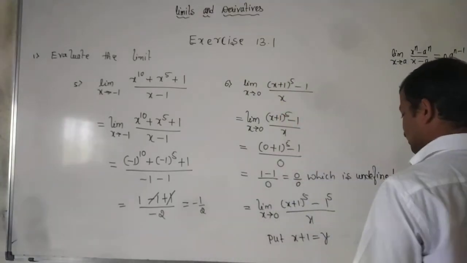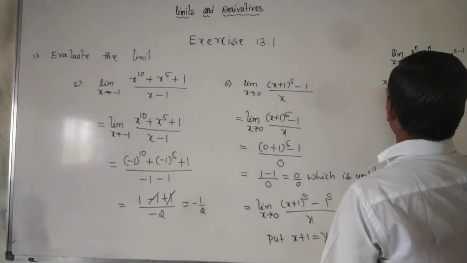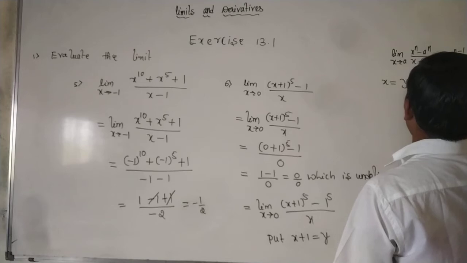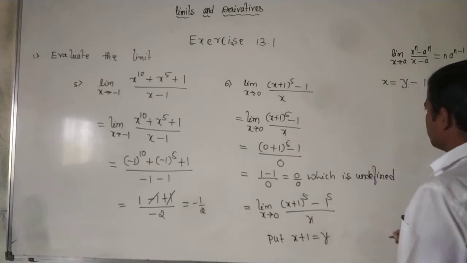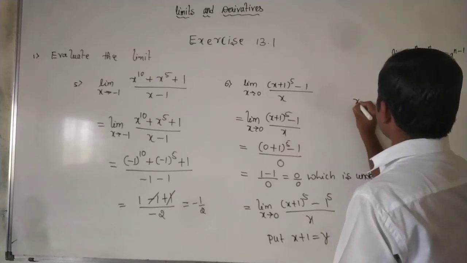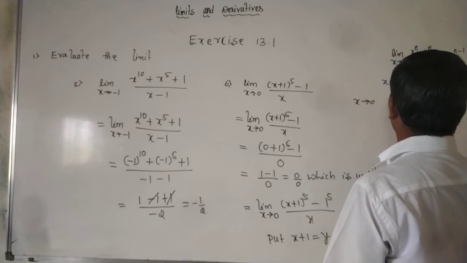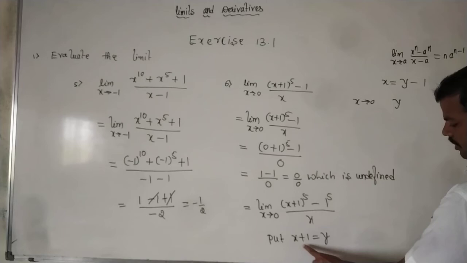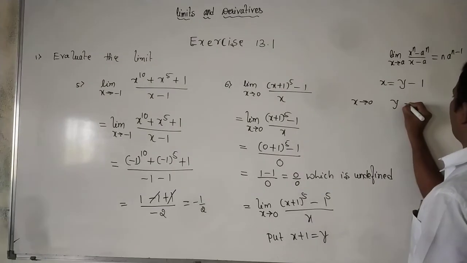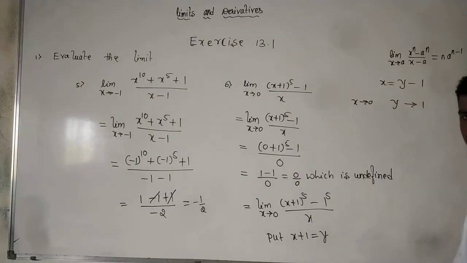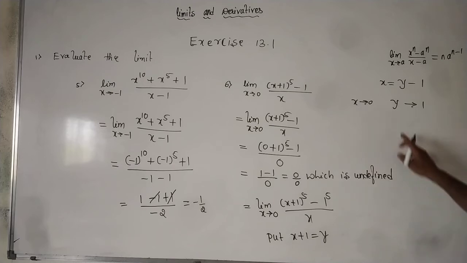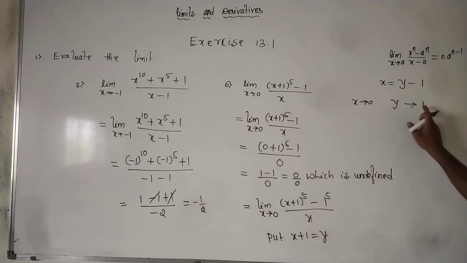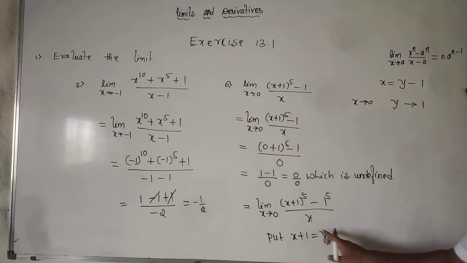Then x equals, we have to find out, y minus 1. Next, when x tends to 0, y tends to 1. ನೋಡ್ರಿ, ಹೊಸ ಲಿಮಿಟಿಂಗ್ ಪಾಯಿಂಟ್ ಏನು ಅಂದ್ರೆ 1 ಬಂತು, 0 ಹೋಗಿ 1 ಕ್ಕೆ ಬಂದೆ. ಯಾಕೆ 1 ಕ್ಕೆ ಬಂದೀವಿ, ನಾವಿಲ್ಲಿ ಹೊಸ ಸಬ್ಸ್ಟಿಟ್ಯೂಷನ್ ತಗೊಂಡಿದ್ವಿ.